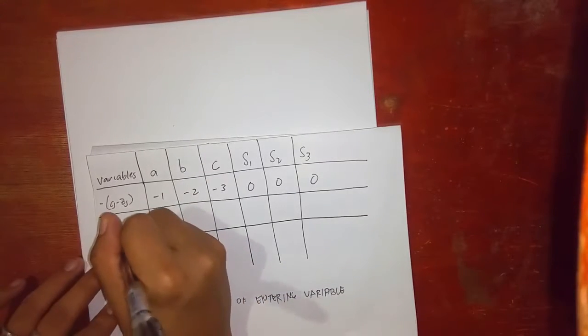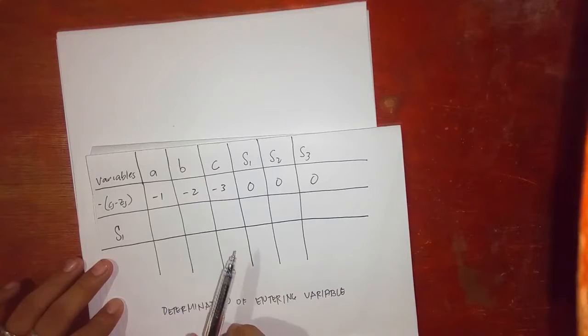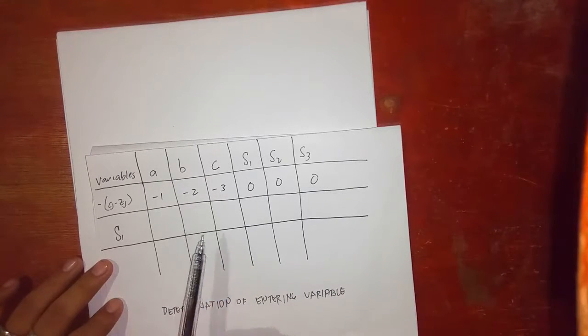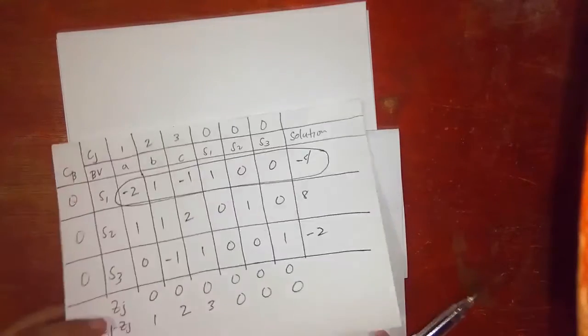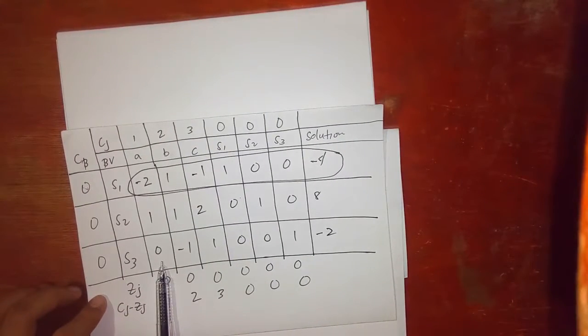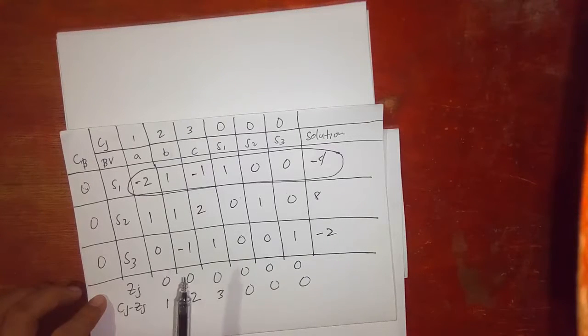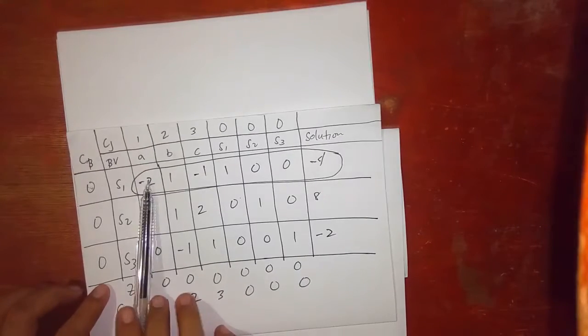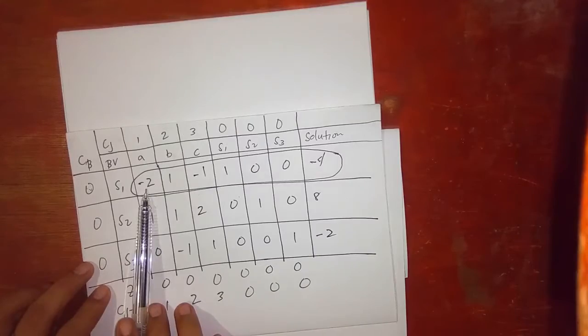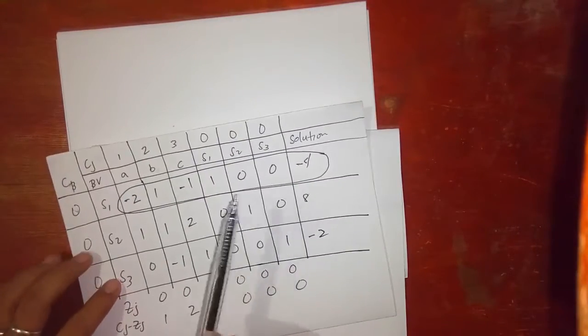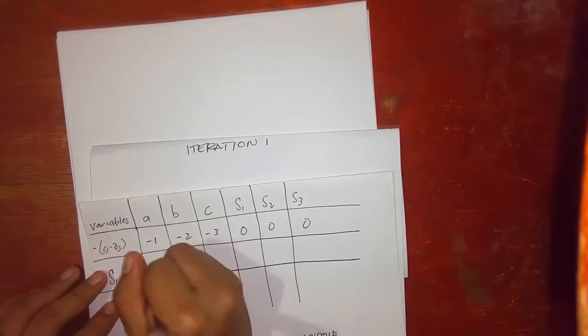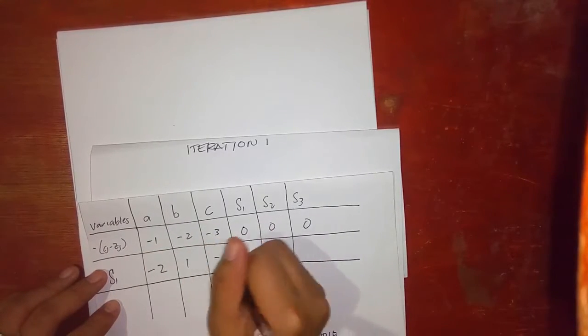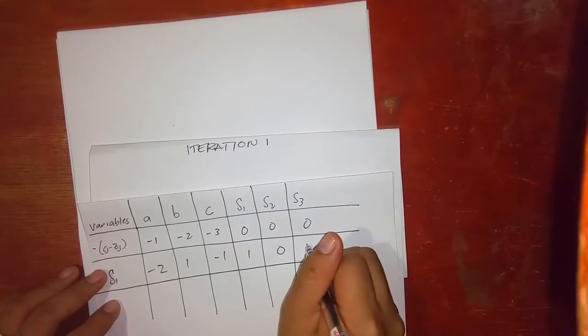Alright, then we will put the S1. We will just copy the values of S1 as is: negative 2, 1, negative 1, 1, 0, and 0.